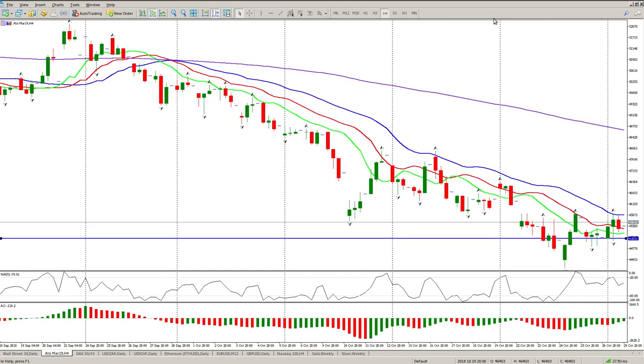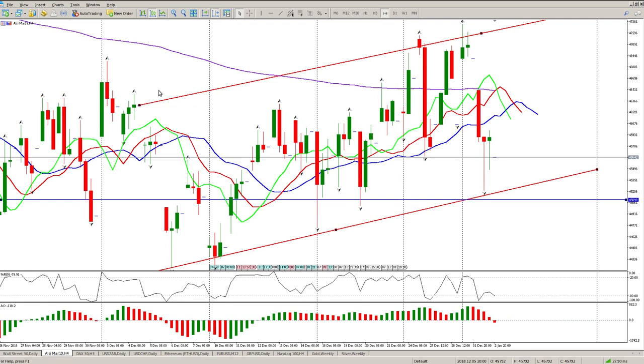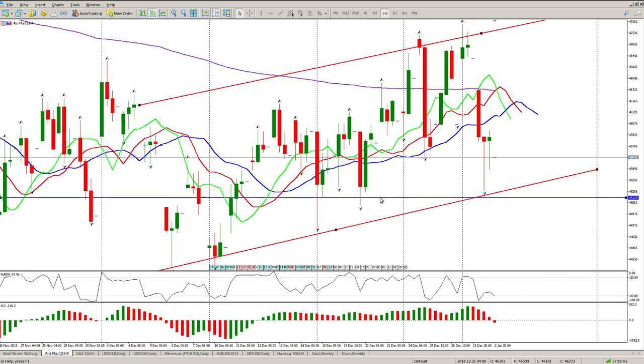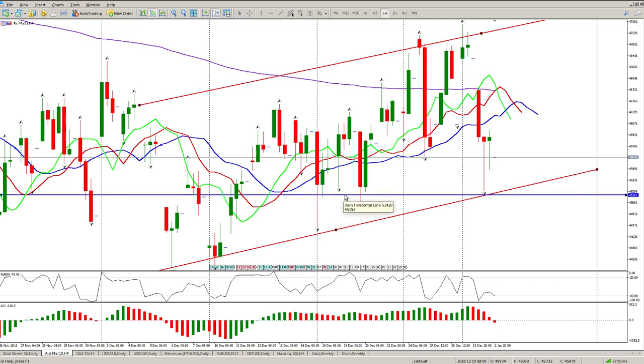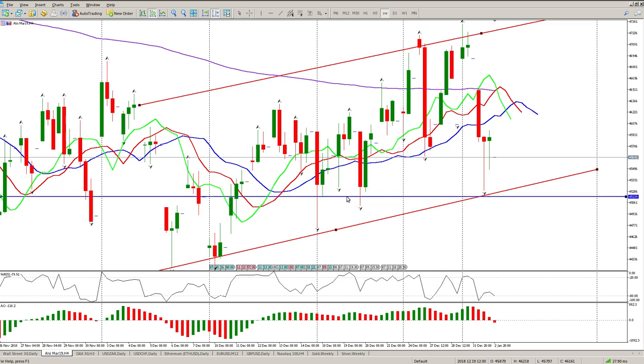If we look at the 4 hour, it'll come a little bit clearer and we'll be able to move these things around. So there's my inside tail there. This bar here is obviously my first one, but we've already broken through that. So move it down to the next one, which would be that inside tail.